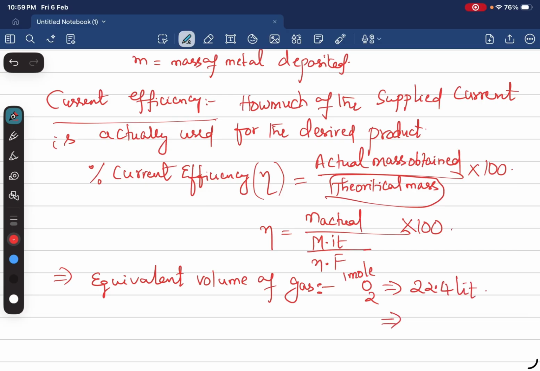But what is the equivalent volume of O2 gas? The equivalent volume of O2 equals the volume at STP conditions for 1 mole, 22.4 liters, divided by the N factor or valency factor.